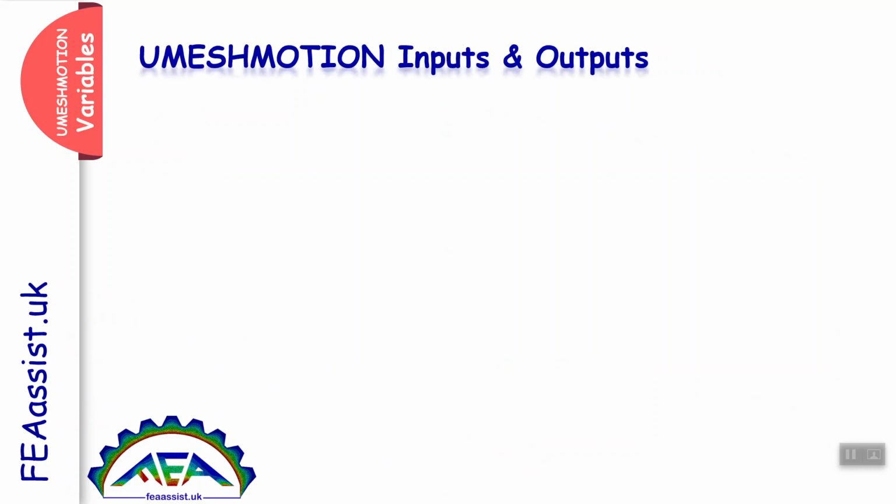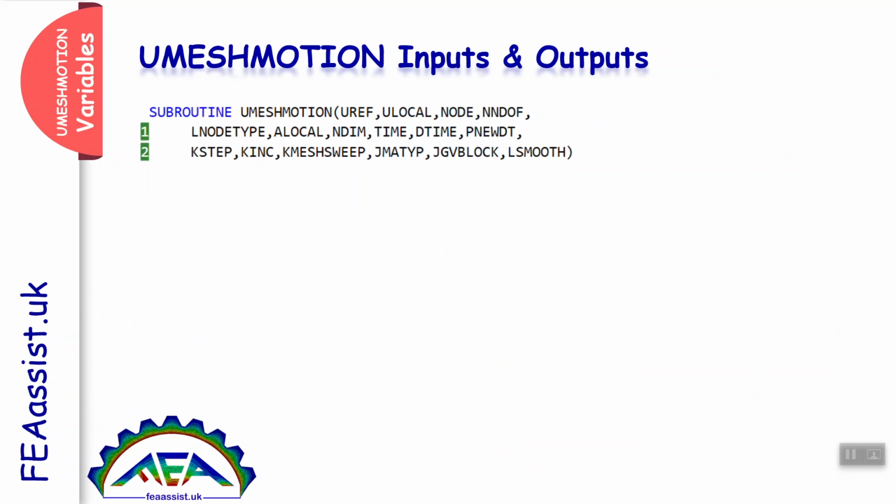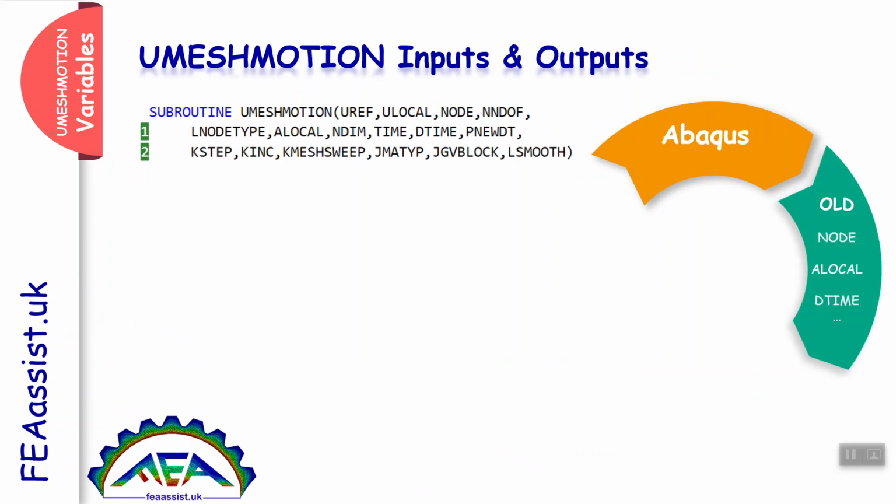UMeshMotion variables. UMeshMotion has some variables. Some of them are inputs. We need to get those inputs, process them, and export them as outputs to Abaqus. In other words, Abaqus computes node positions, time, and other variables.